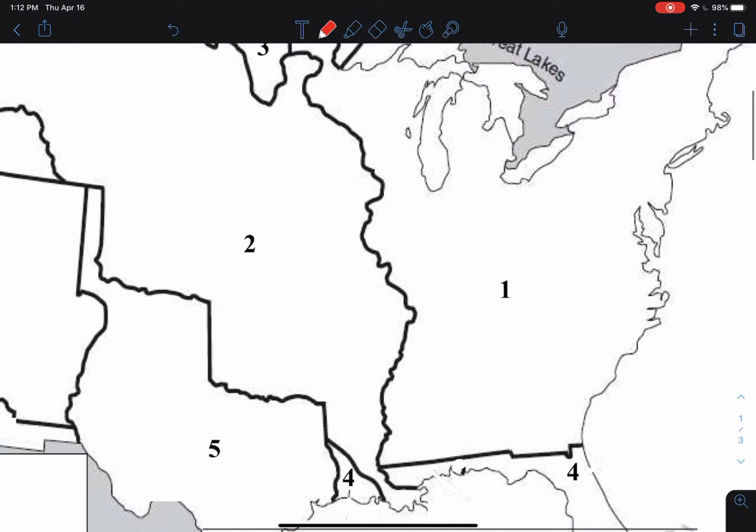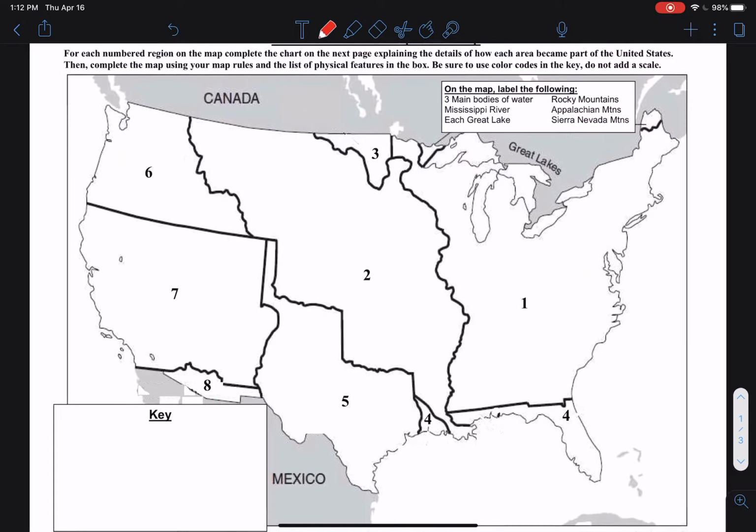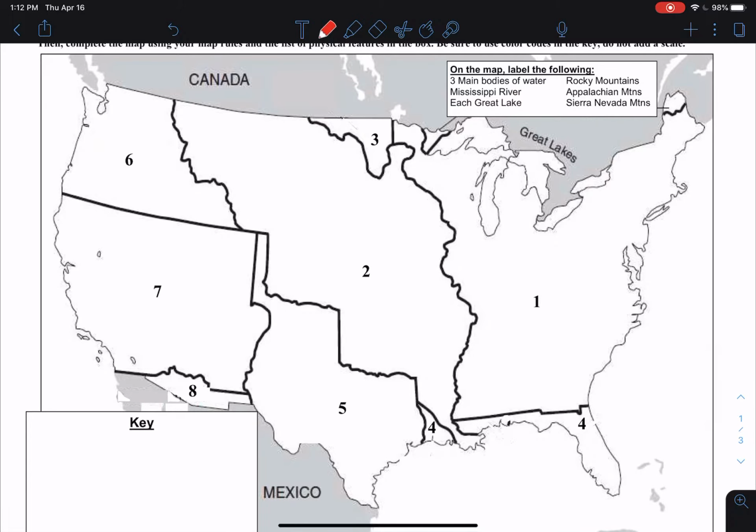All right, so if I was a student looking at this map and looking at all the details of each of these territories, it would be a little bit overwhelming. So if I was an eighth grader, I would try to put into categories the way in which I study this map.